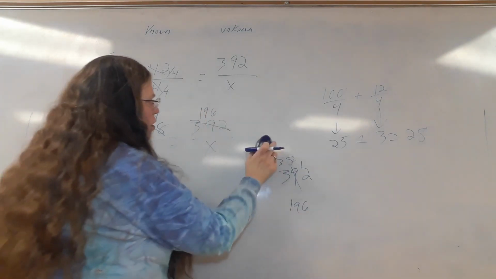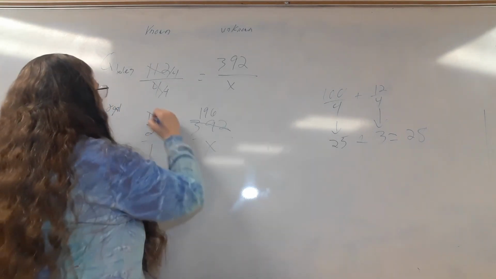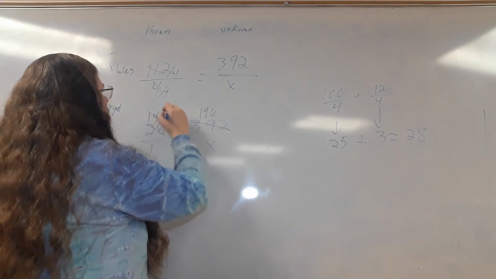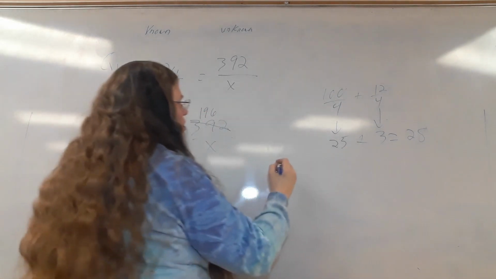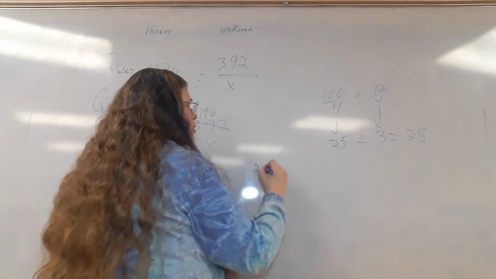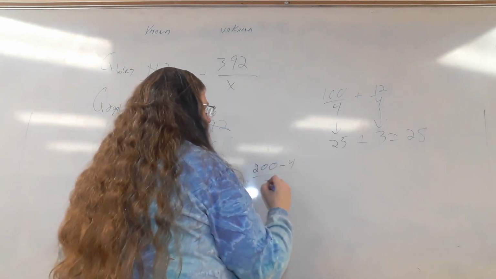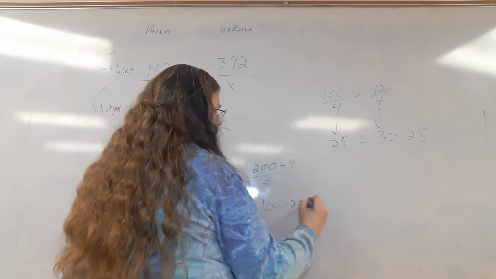We can take another 2 out. That makes us 7. All right, 196 is just short of 200. It's 4 short of 200. 200 minus 4, divided by 2, so that's 100 minus 2, which is 98.